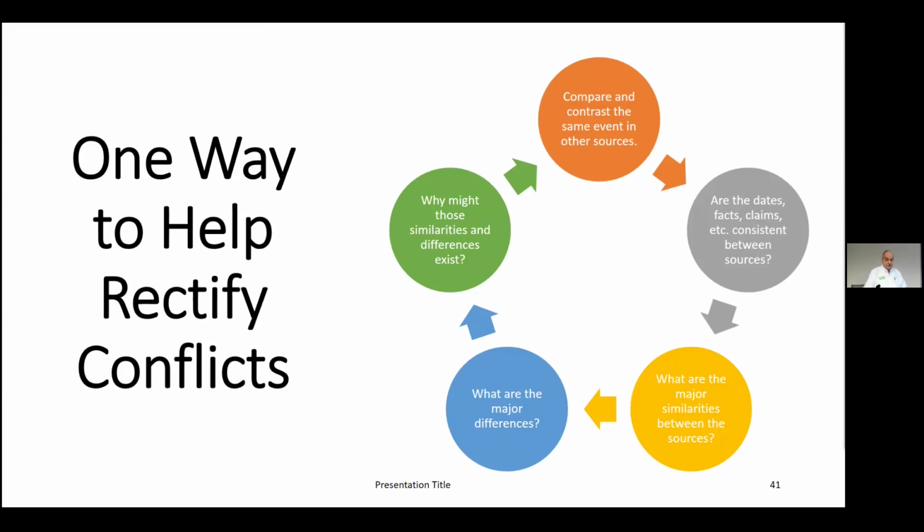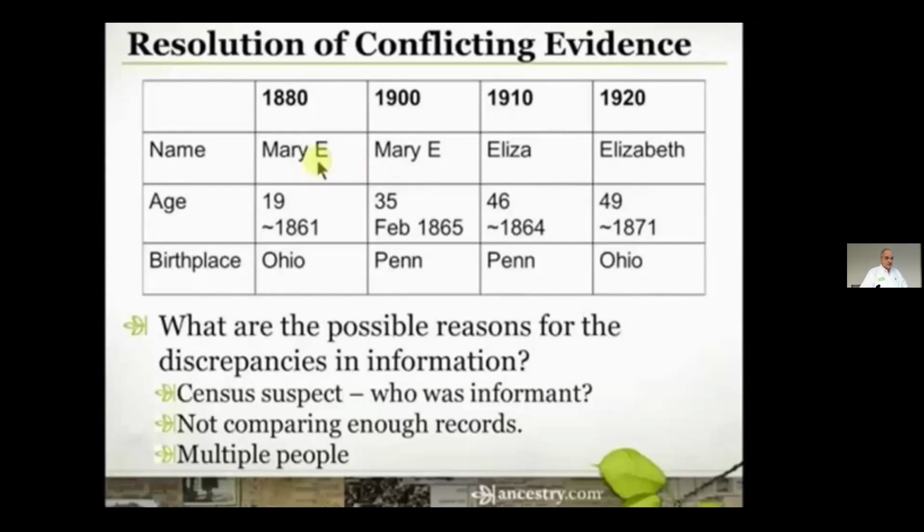One of the ways that we do this in FamilySearch, especially if we're working on something repetitive like a census, every 10 years you get a census. We do what's called a census survey. That's where you take each of the censuses, make them a column in a table, and the information you want to look at, you put down in the rows.